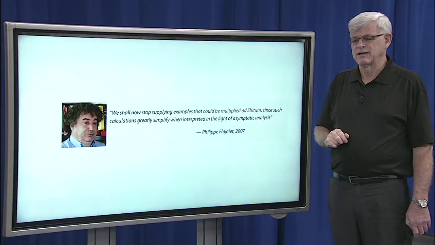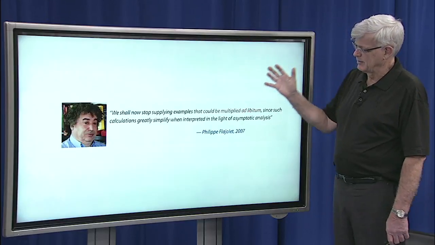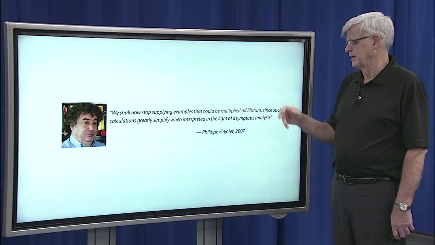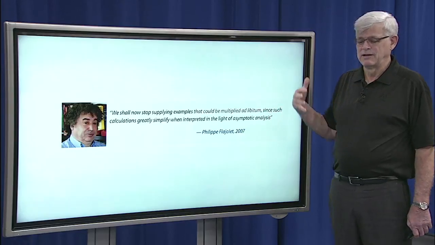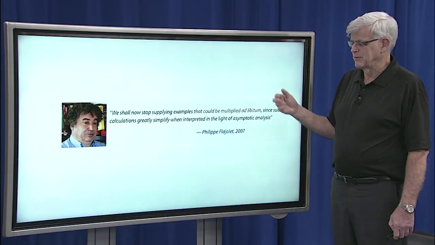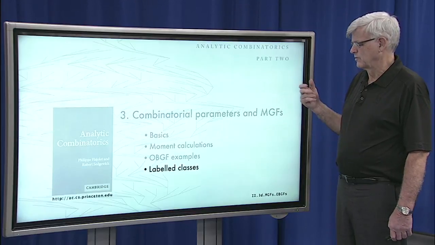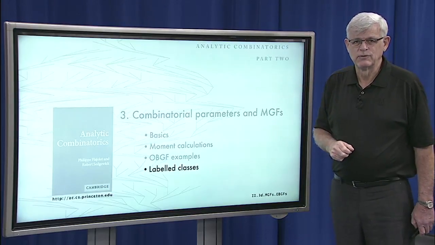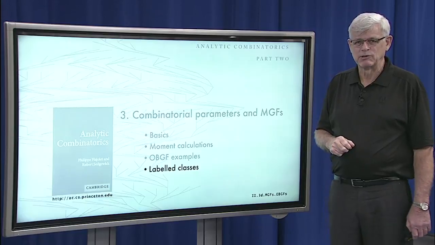But when we get to complex analysis, we're going to be able to eliminate really a lot of those calculations and simplify them greatly. But that's a topic for the second half of the course. So that's an introduction to parameters in labeled classes.